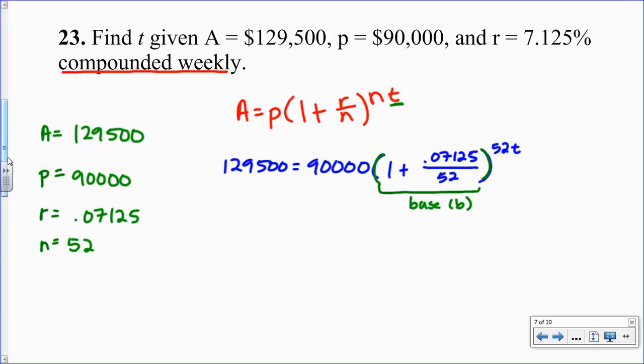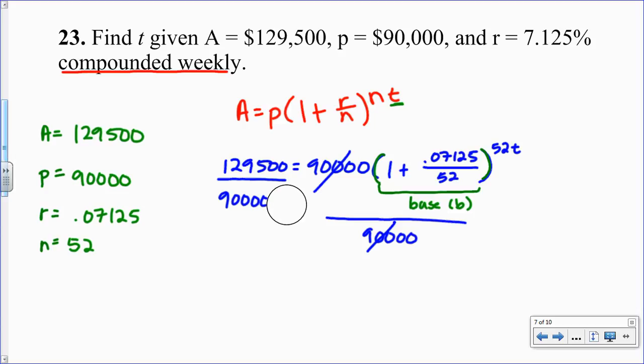So I want to divide by the 90,000 first. When you divide these numbers, do not round. Either keep it as is or keep it as a reduced fraction. If you look at the decimal when you divide those, it's irrational. It does not end, so you would have to round it.